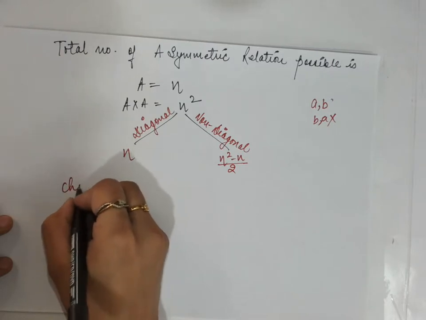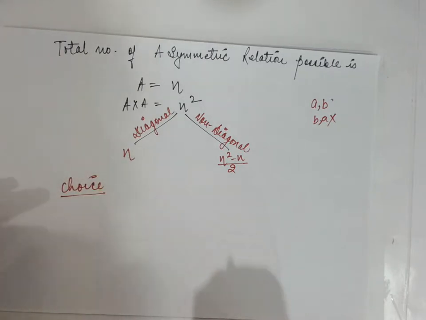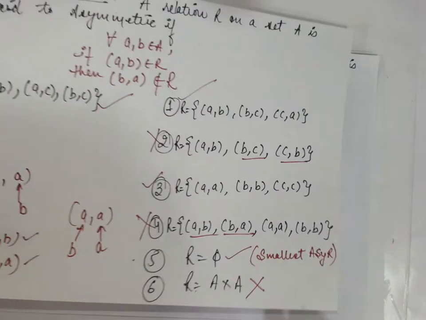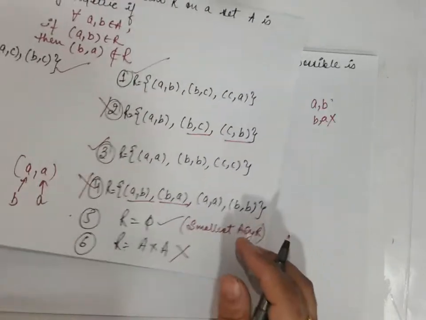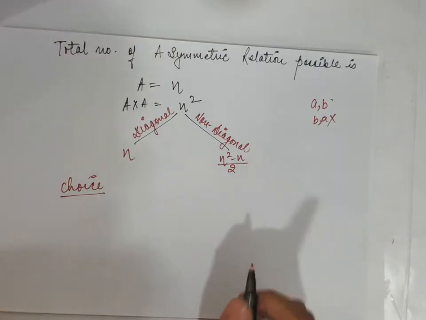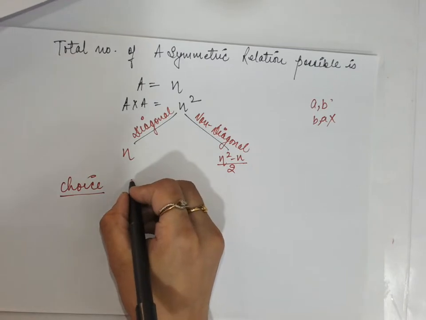Now come to the choice point. Diagonal parts, if diagonal parts are there, is there any effect? Yes. If diagonal parts are there, asymmetric relation does not allow the diagonal parts. Therefore, they have only one choice.